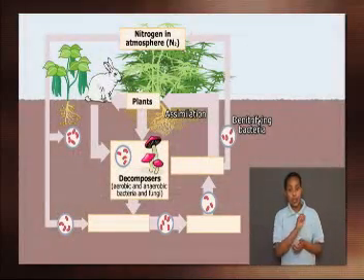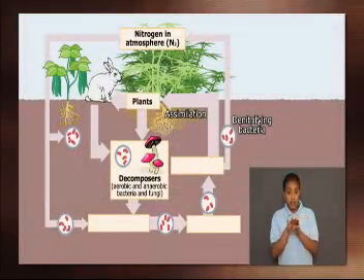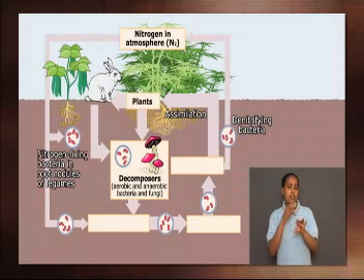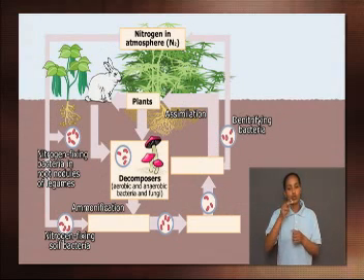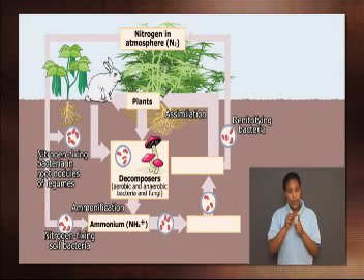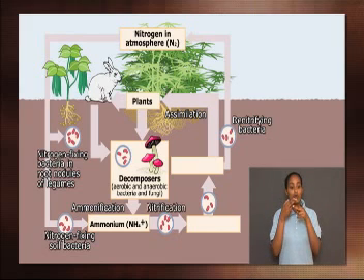Other bacteria that live freely in the soil fix or change nitrogen gas into ammonium. This ammonium can be used by plants after it goes through a process called nitrification.